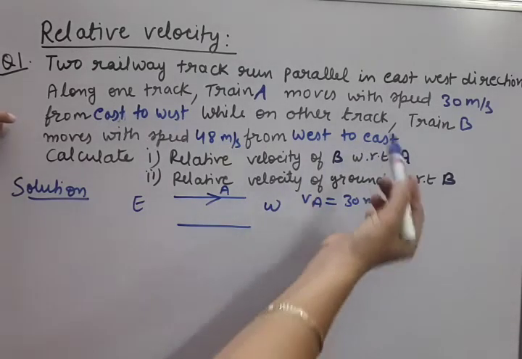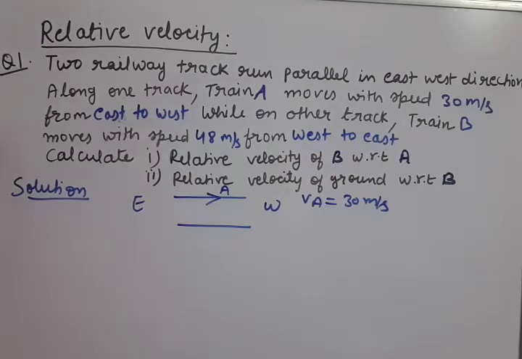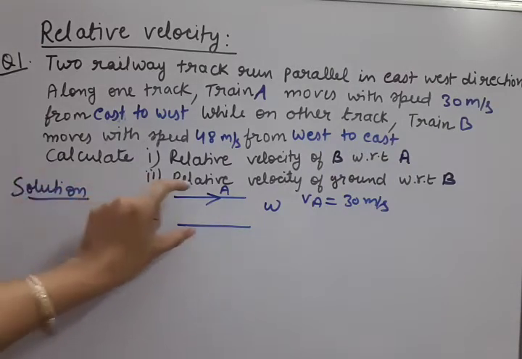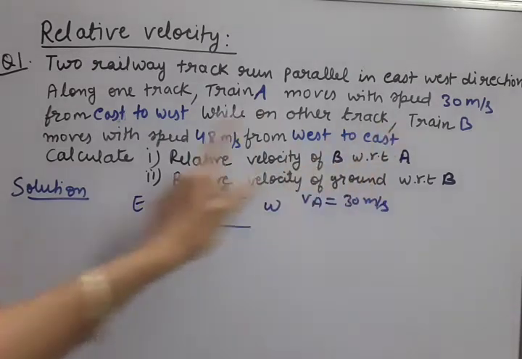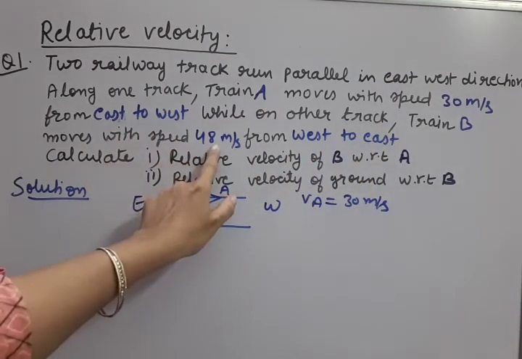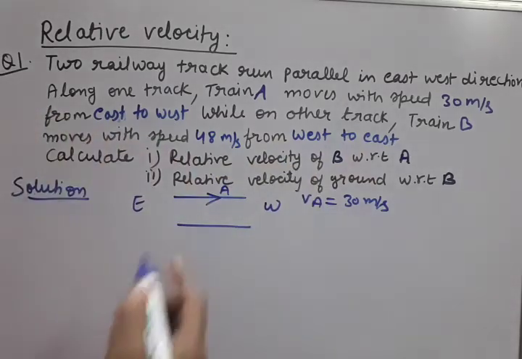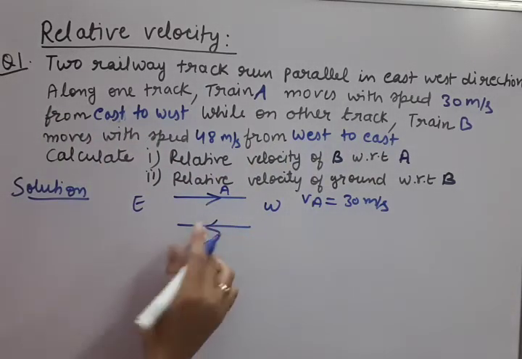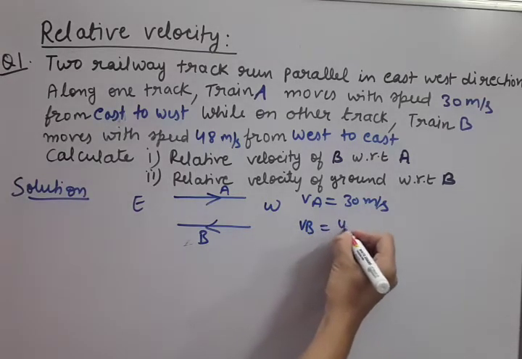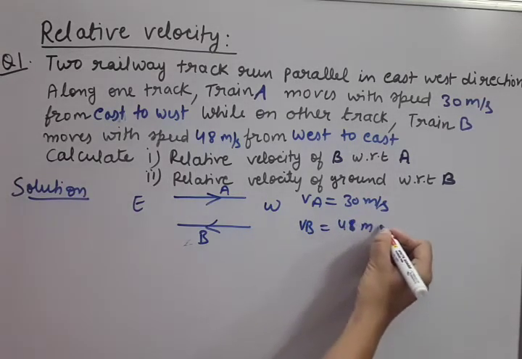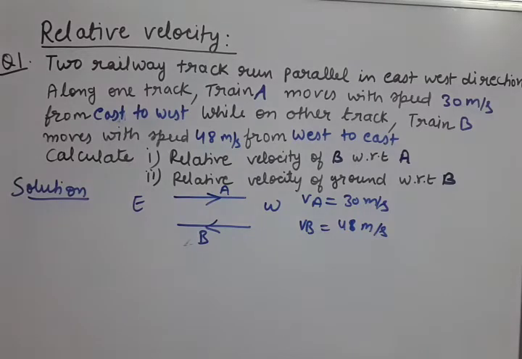After that, on the other track, obviously, how can two trains run on the same track? So on the other track, train B moves with a speed 48 from west to east. So VB is given as 48 meter per second in the question.